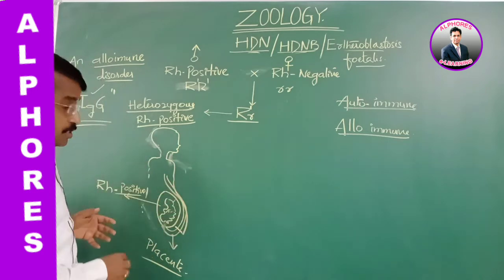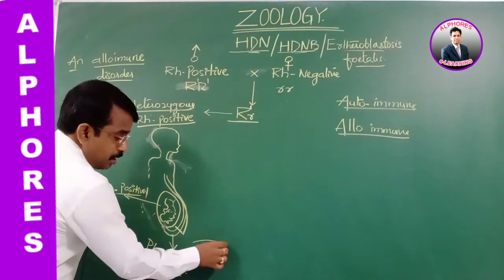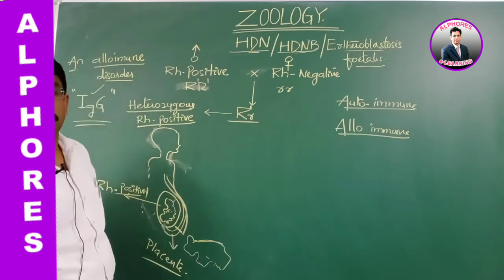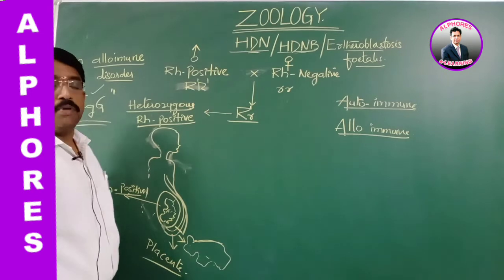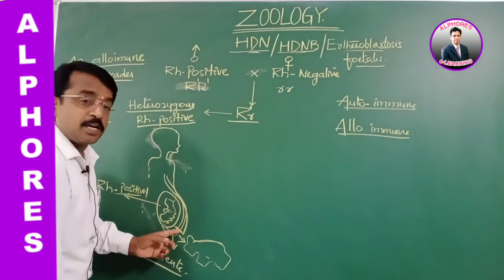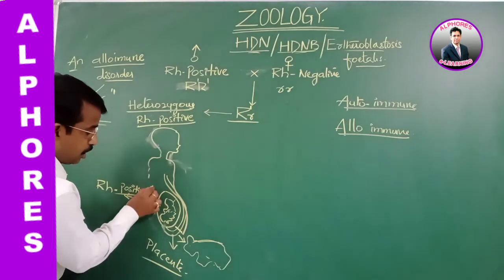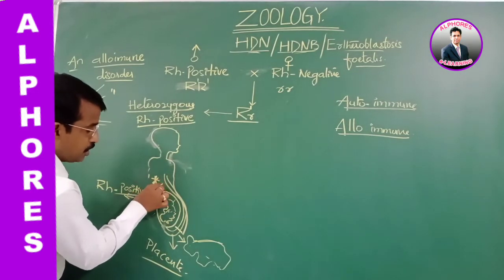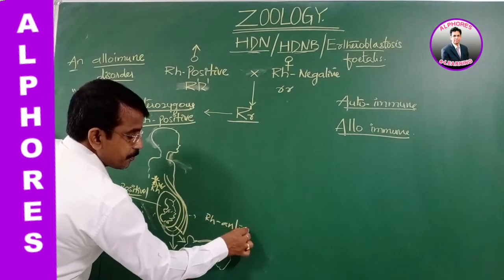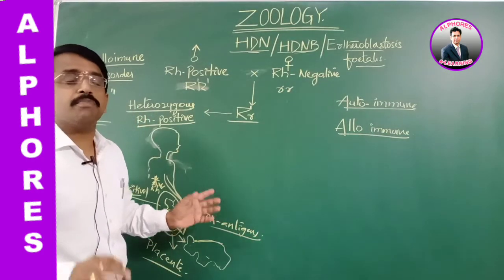So during parturition, after the completion of the gestation period, the placenta ruptures and the baby comes out. During this the placenta is ruptured, and the placenta rupture releases the Rh antigens into the mother. Rupture of the placenta releases the antigens into the maternal blood circulation.